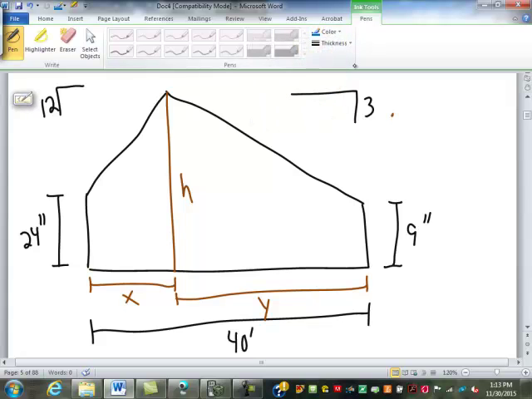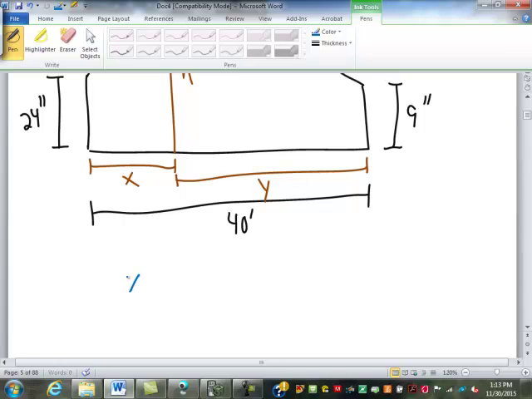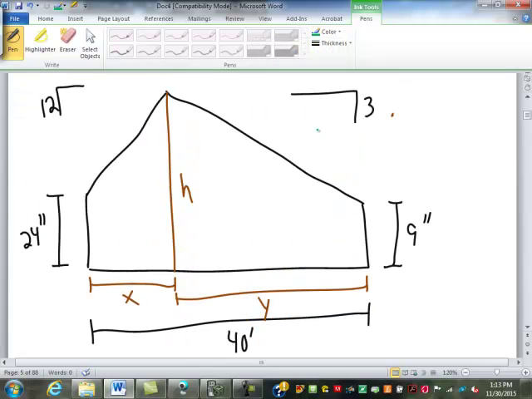Okay, so we have here that X plus Y equals 40, correct? That's where we're going to start out at. On this side, we have a triangle right here.